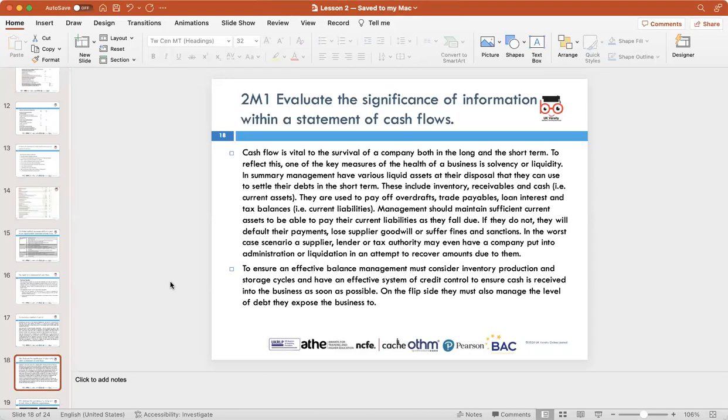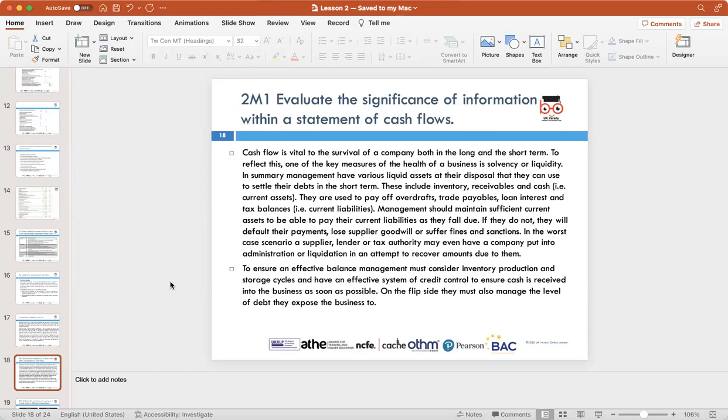So here he's talking about management having several liquid assets to pay outstanding debts immediately. Current assets consist of stock on hand, money on hand, and accounts receivable. Overdraft fees, vendor payments, loan interest, and tax liabilities are all examples of current liabilities that can be settled with cash. The company's management should always have enough liquid assets to cover its short-term obligations.